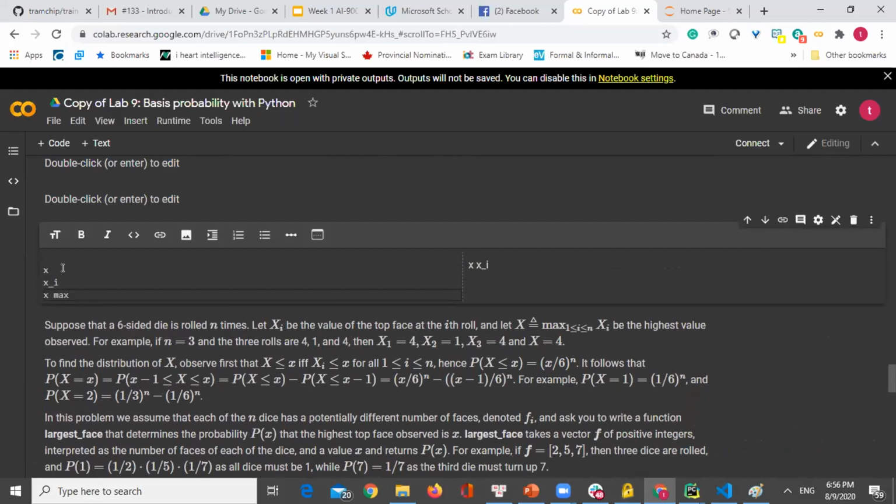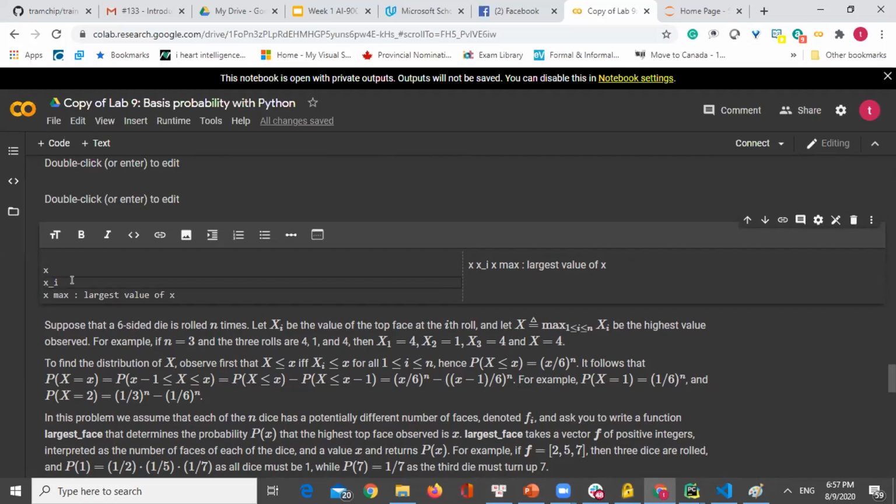So I know that x max is the largest value of x, right? Big X is the maximum value. Wait, do you mean little x or big X?